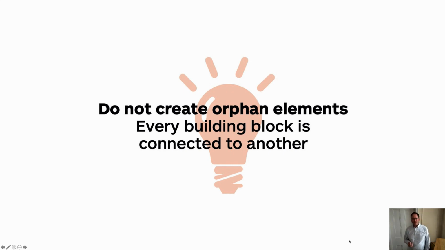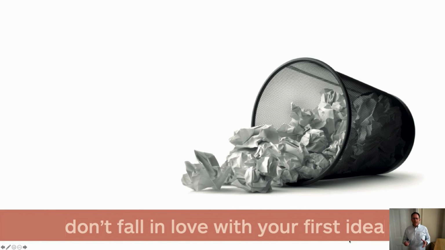Check the connections. And fundamentally, and I mean this really seriously, don't fall in love with your first idea. When you've put this together, this is the start of articulating your best guess at how your business model works.